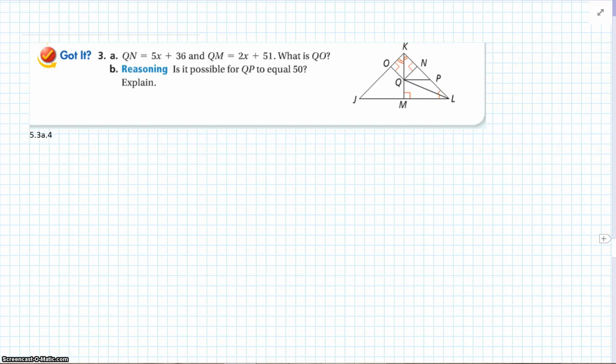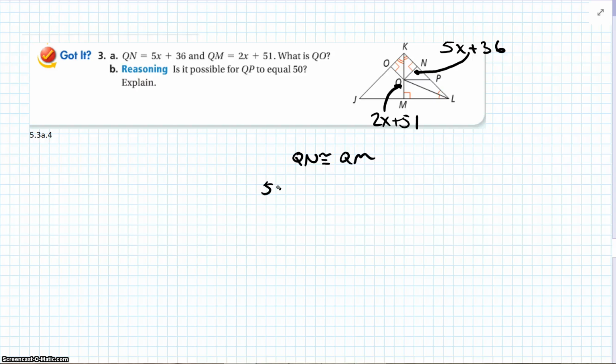All right, QN is 5x plus 36. That's QN. QM is 2x plus 51. Well, we know point Q is the incenter because it's the intersection of two angle bisectors of the triangle. So we know segment QN is congruent to QM.